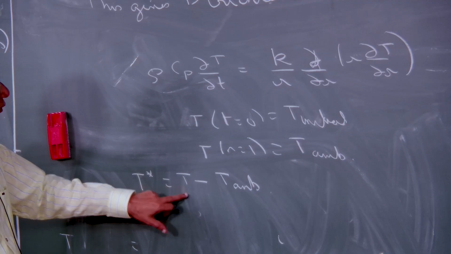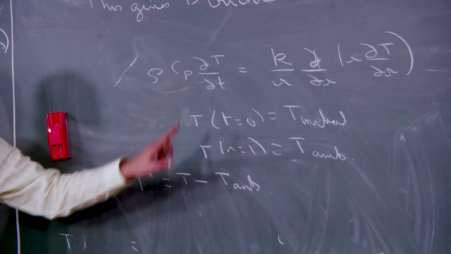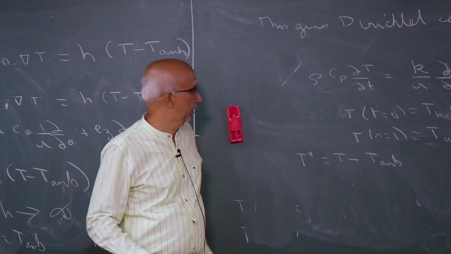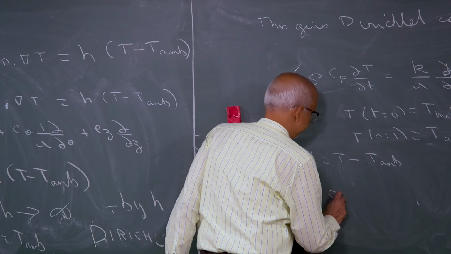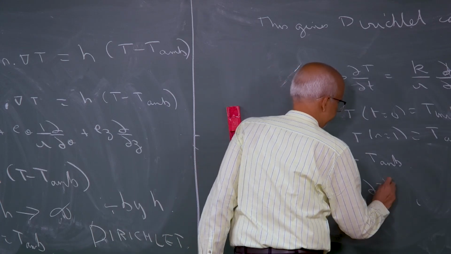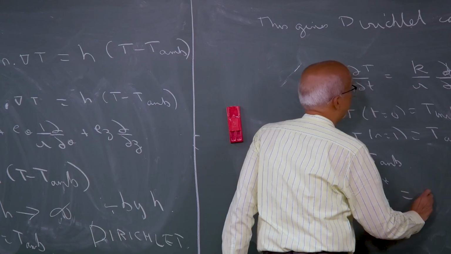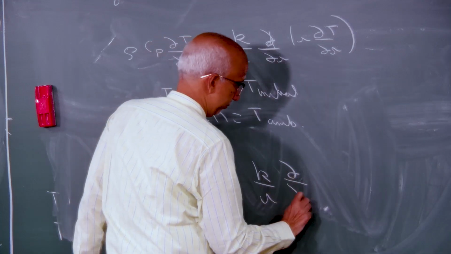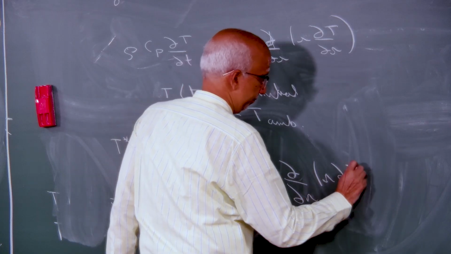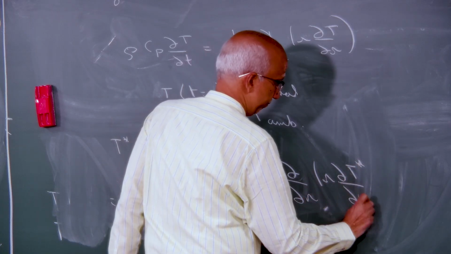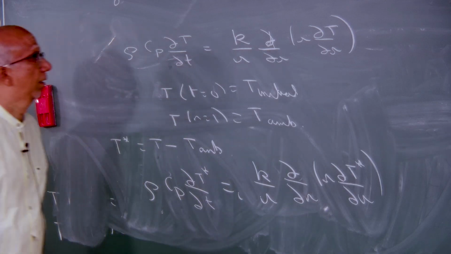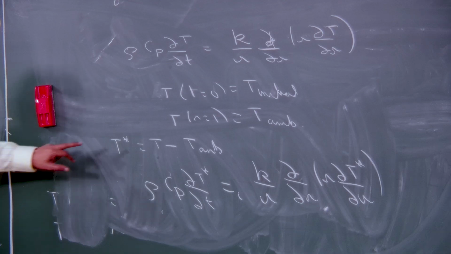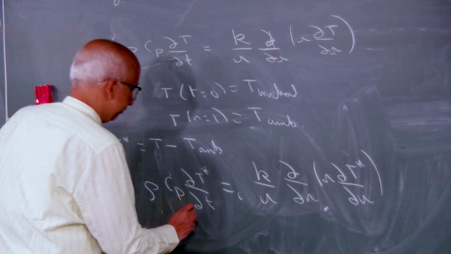I can substitute for T here and write everything in terms of T star. All I have done is substituted for T star here, and what is the advantage of this?